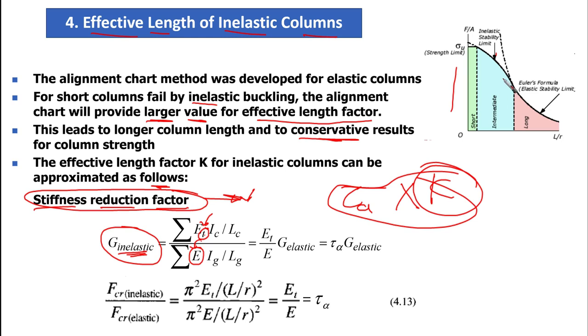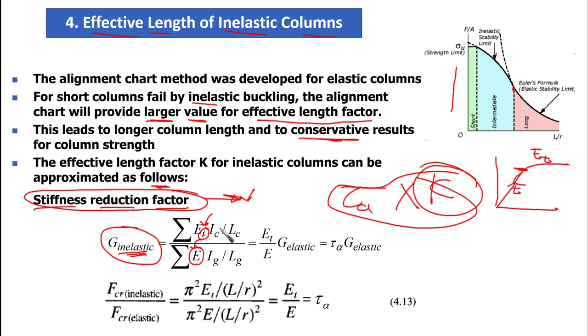Because again, we are in the elastic range there. If you remember the stress strain curve, we are at the point that differentiates between the elastic part and the inelastic part. Here we are going to use E tangential. However, here we are using E only, right? So G inelastic needs to take into consideration the tangential Young's modulus.